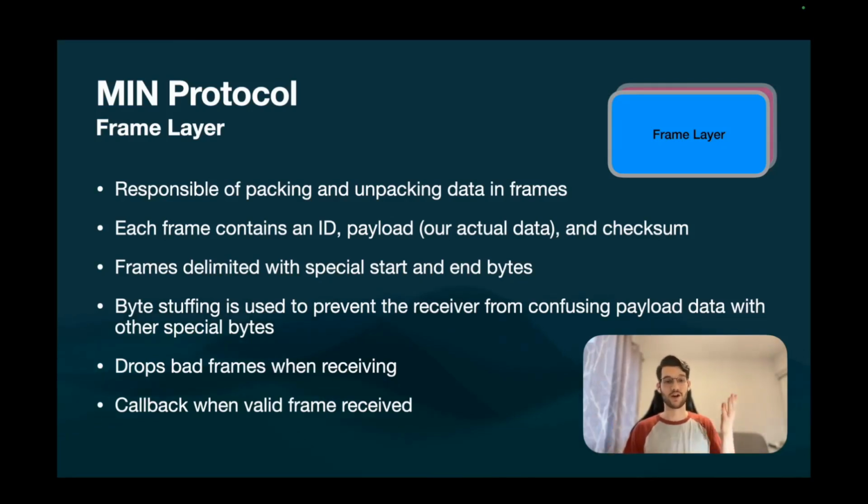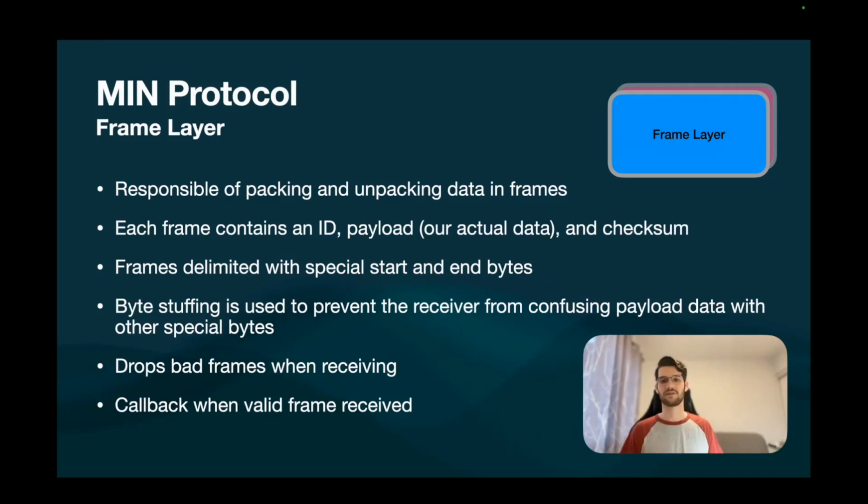So we're going to use a technique called byte stuffing, where we insert another special byte right before any part of the data that might look like one of those bytes, so that the receiver can tell that this is not supposed to be a start or end marker, and in fact is supposed to be part of the payload. Anytime we have anything that could confuse the receiver, we put this special byte stuffing byte to tell the receiver to basically ignore the next byte coming in.